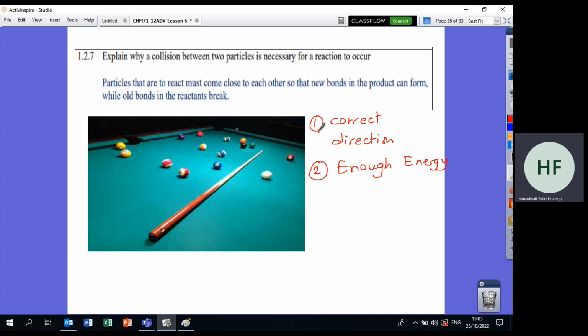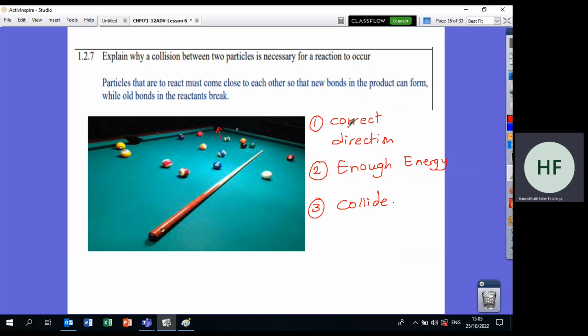So I have two things. I have to choose the direction around the table, and then I have to decide whether I will push with a huge amount of energy or a small amount of energy. And number three, they will collide. Okay, is your collision always successful? Does it go in all the time? No. Sometimes it does not go in. Give me two reasons why the ball does not go to the hole.